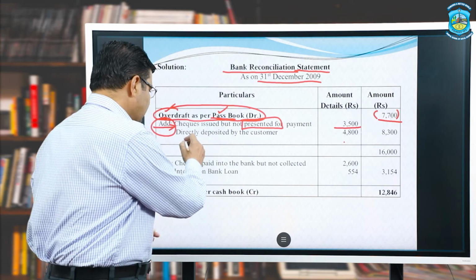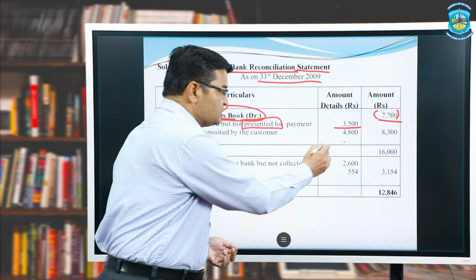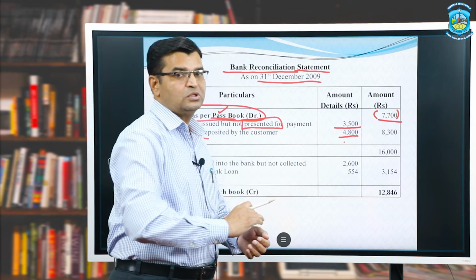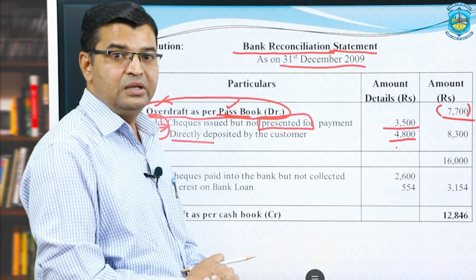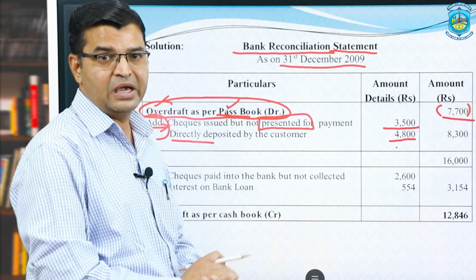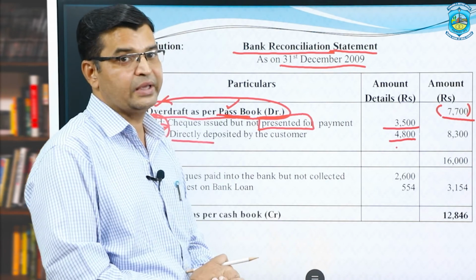Now, next is directly deposited by the customer. One of the customers has directly deposited rupees 4,800 in our account. So our passbook has wrongly been increased in comparison with our cash book because we did not record this 4,800 rupees in our cash book.